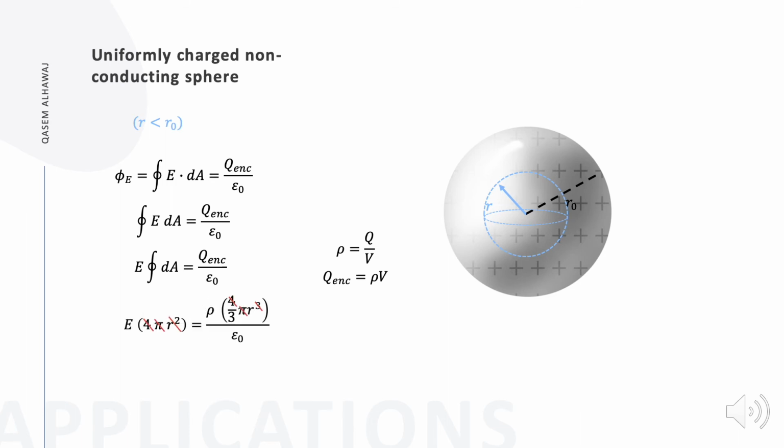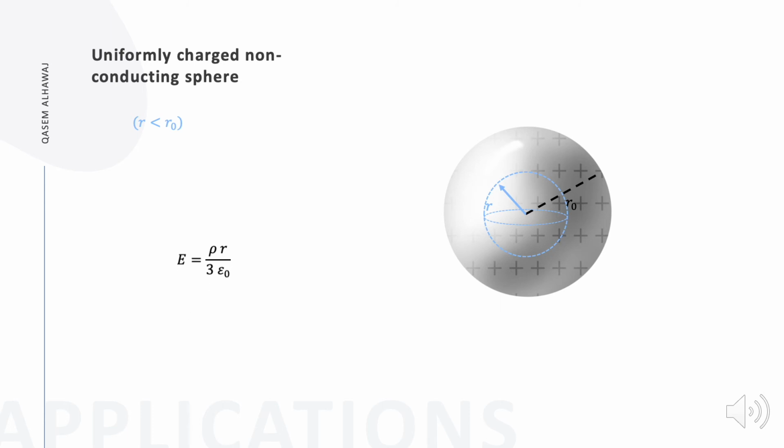We can simplify the equation by crossing out the like terms to get the final equation. The electric field strength for a point inside a non-conducting sphere is equal to the density of the object times the radius or the distance from the center point divided by 3 times epsilon naught.